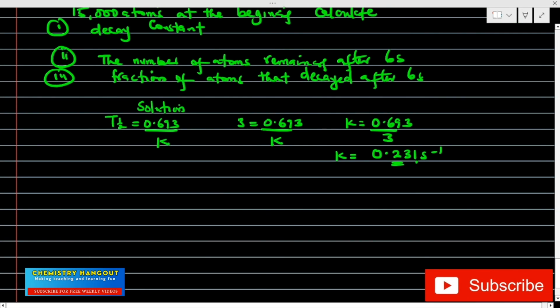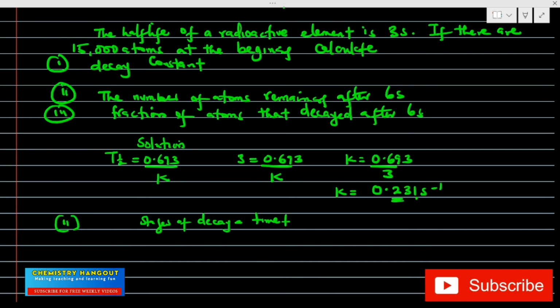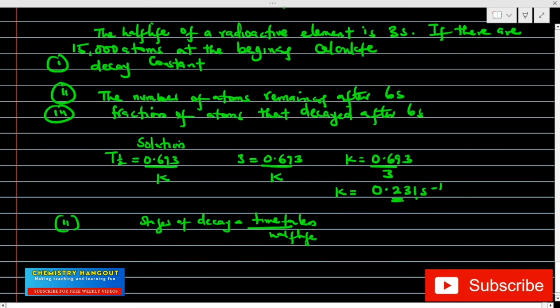The number of atoms remaining after 6 seconds. Do you see that? After 6 seconds. So let's get our stages of decay. What's our stages of decay?